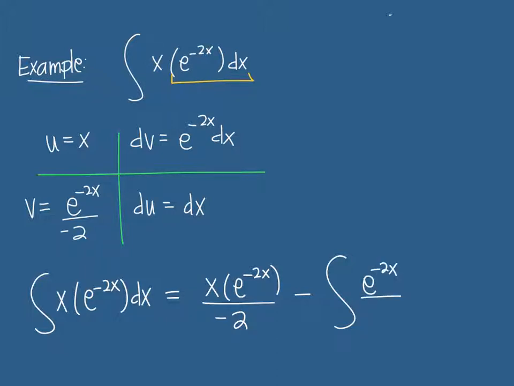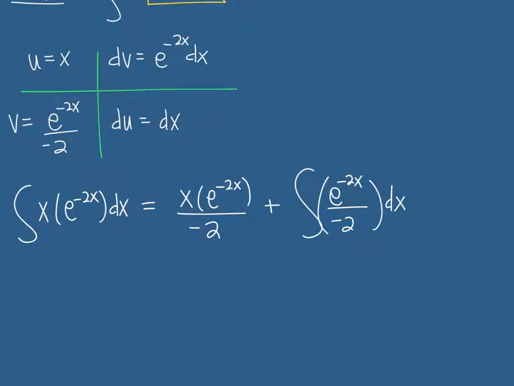So e to the negative 2x, which is already over negative 2, followed by simply dx. So again, I've got a double negative, which I make positive. So I have x e to the negative 2x over negative 2.